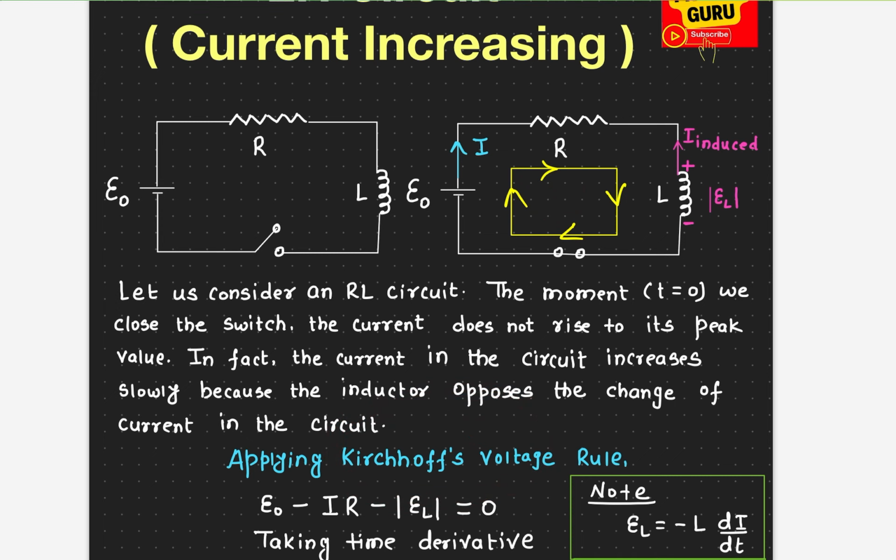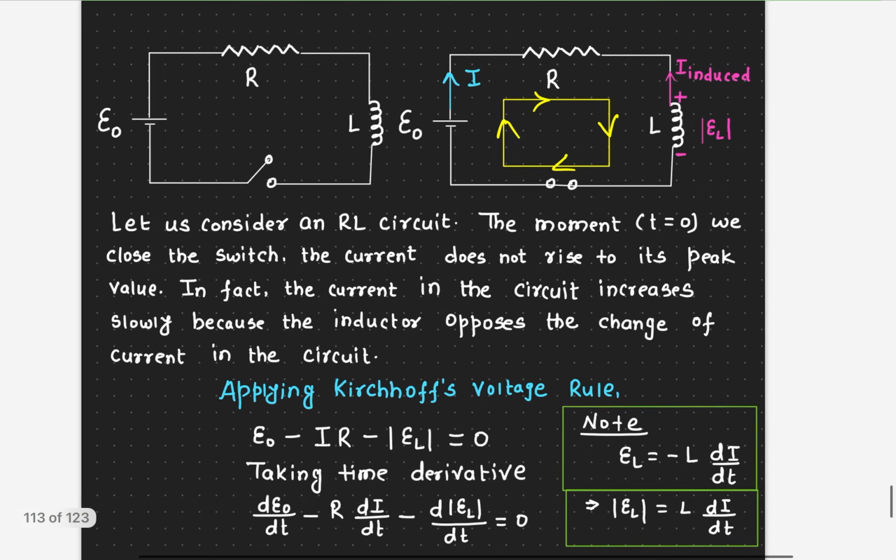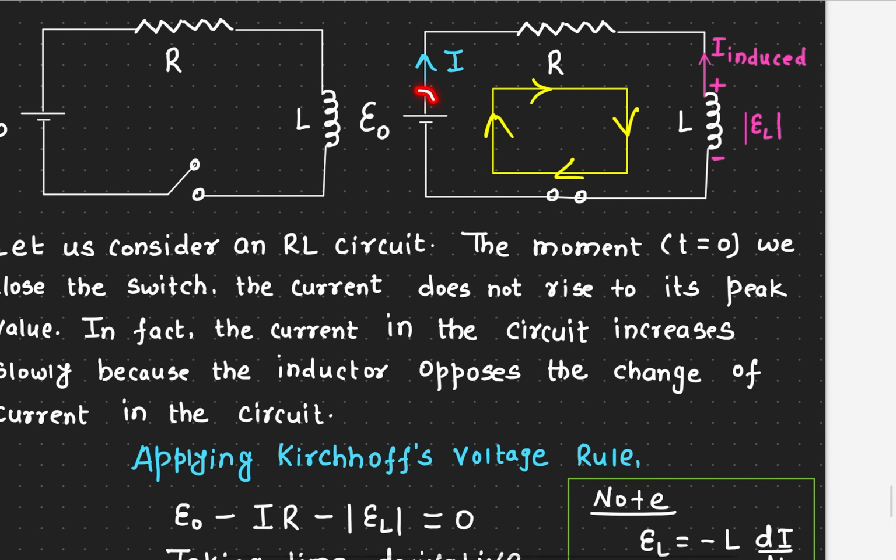Kirchhoff's voltage law tells you that in a closed loop, which is this loop here, the total voltage must be exactly equal to 0. So let's start here. We have a battery, and if the loop is going from negative to positive terminal, then this EMF must be positive.